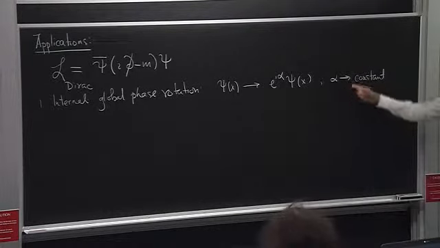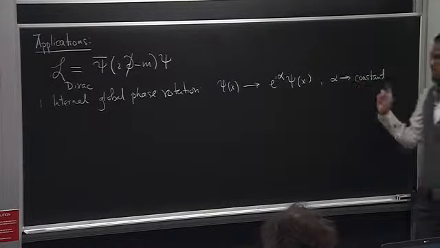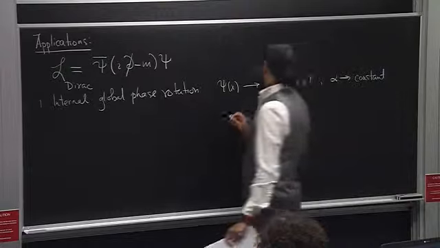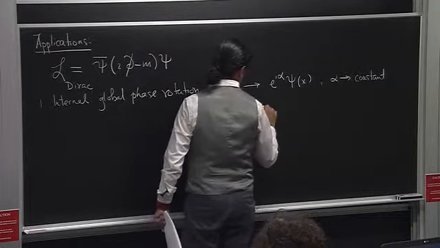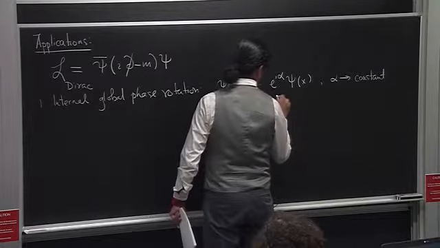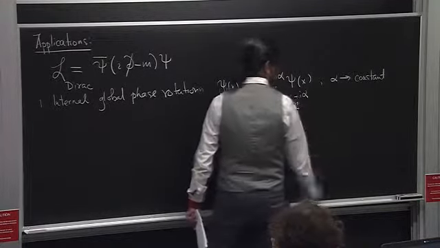And the fact that alpha is a constant, not a function of space-time, is what it means for this transformation to be global. And then psi bar of x transforms with e to the power minus i alpha.